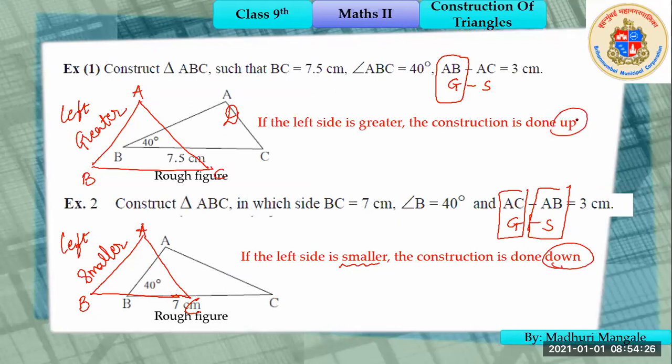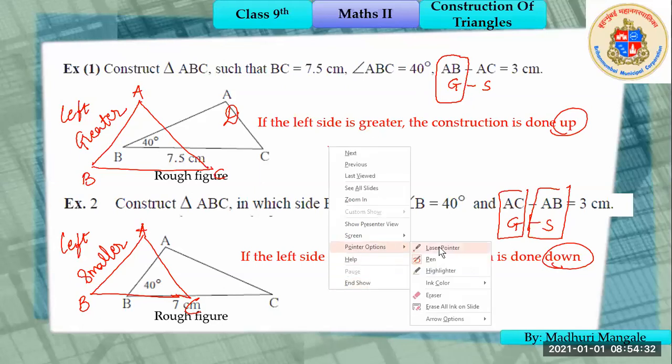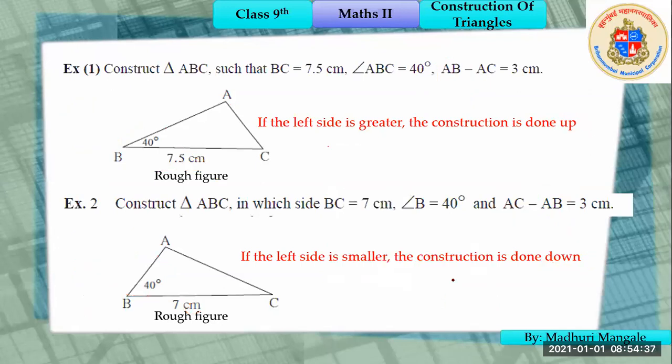So up and down, that is the very important difference for this type of construction. I will mark it again. If the left hand side is greater, we do the construction up, and if the left hand side is smaller, then we do the construction down. That is the basic difference between these two types of problems.